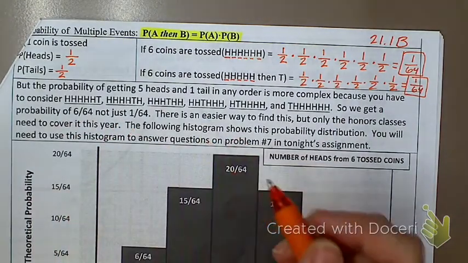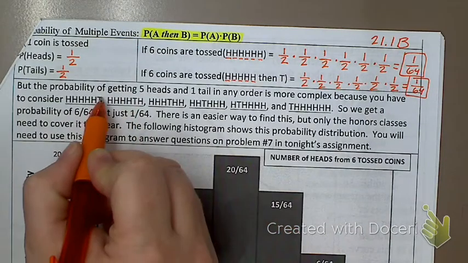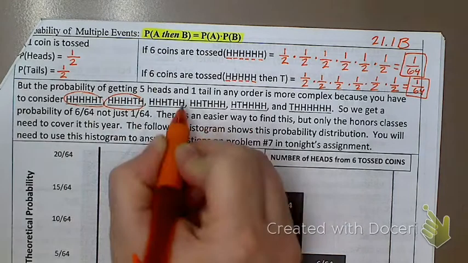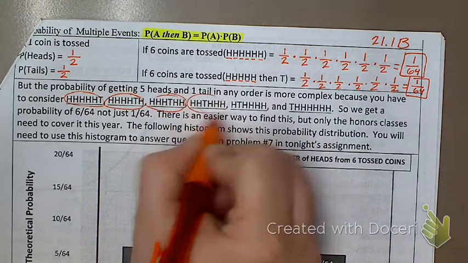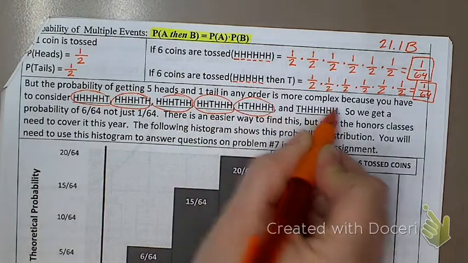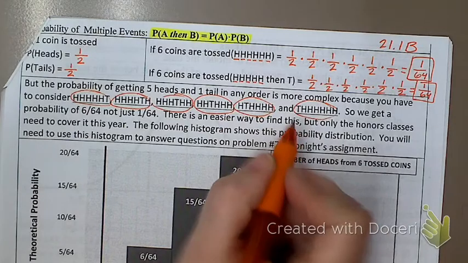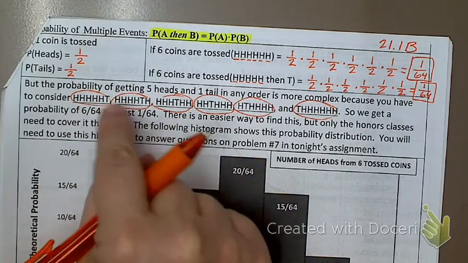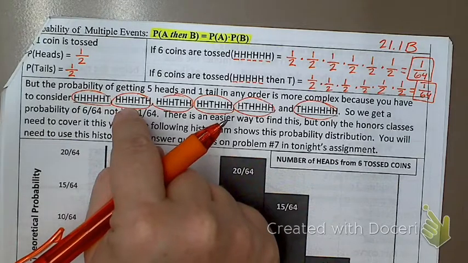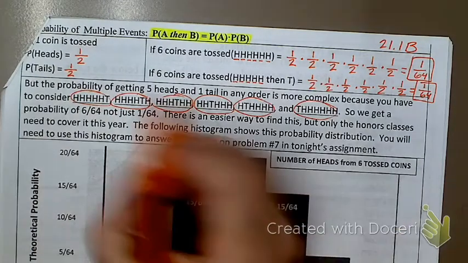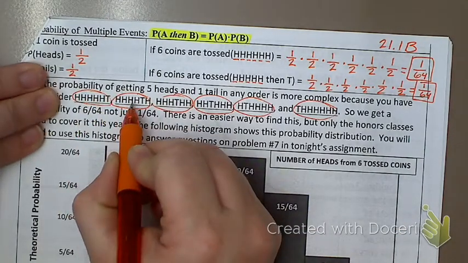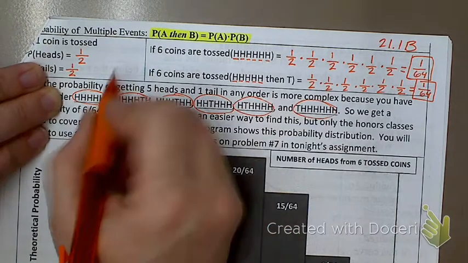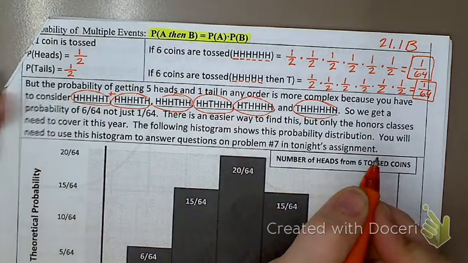The reason is because the probability of this is 1/64th. The probability of this is 1/64th. This is 1/64th. This is 1/64th. This is 1/64th, and this is 1/64th. But it's not this, then this. It's this option or this option. Now the word or is kind of important there. If it is this circumstance or this circumstance or this circumstance, you actually add the probabilities.